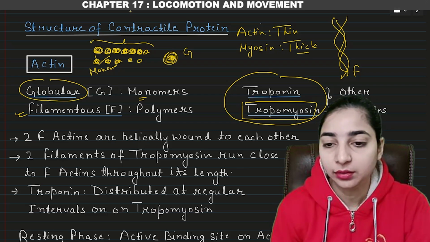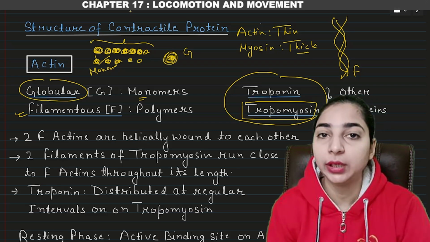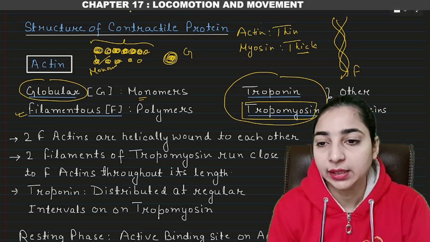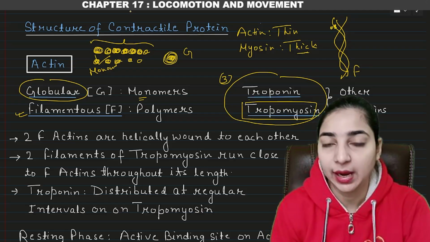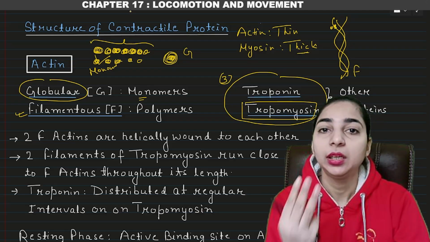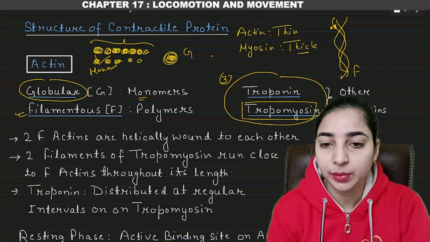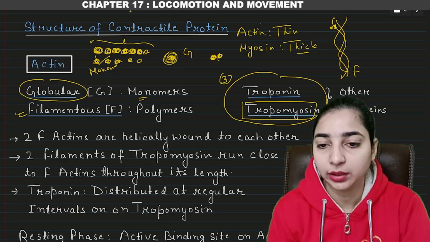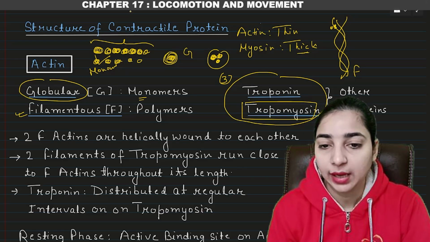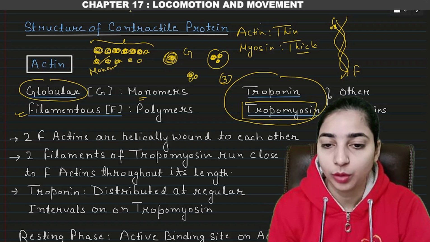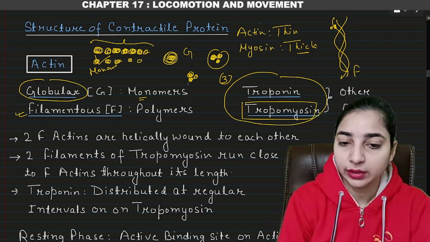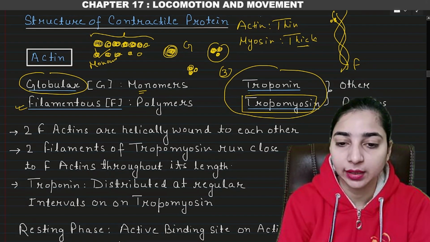And then one more protein called troponin will be present at regular intervals, and these will be three in number. At one place there will be three units of troponin, so they will be present like this: 1, 2 and 3. Okay, and then again at some interval there will be three subunits of troponin. Got it? You will understand it better after looking at the diagrams.